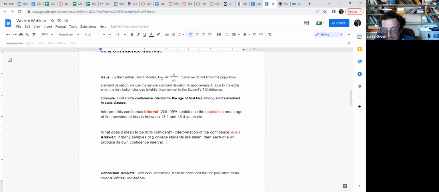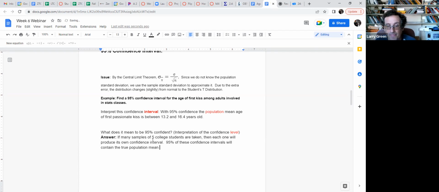We can say that 95% of these confidence intervals will contain the true population mean age of first kiss. And 5% will not contain it.